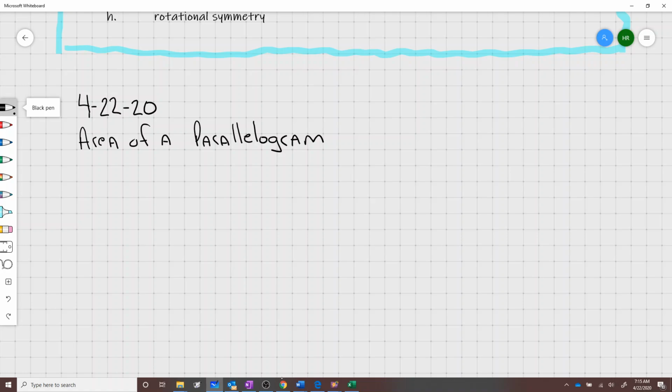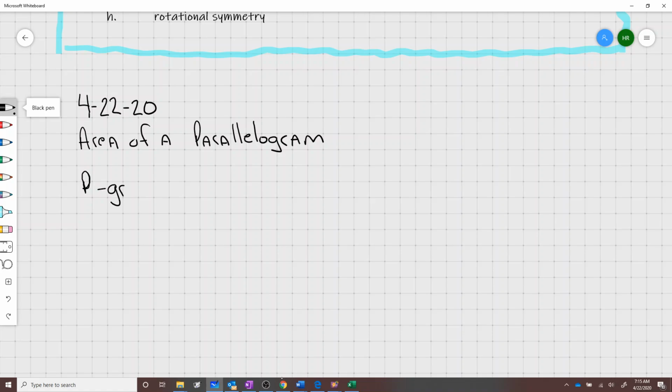If you remember, we discussed parallelograms a little earlier in the year, and we referred to them as p-grams, just because we could save a lot of time writing out a lot of letters.